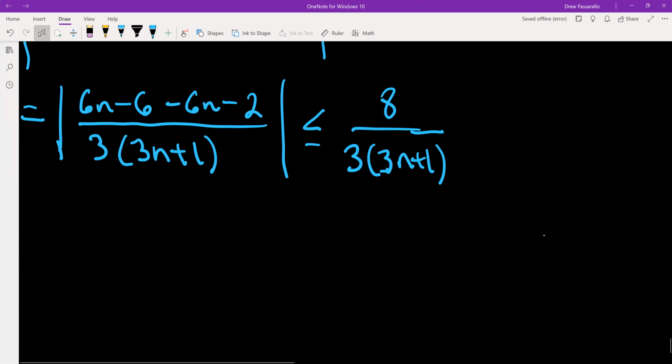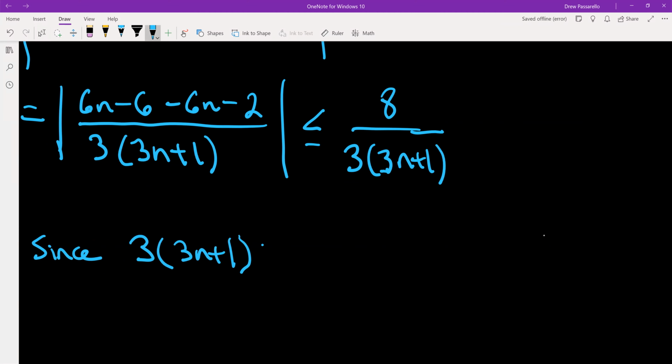Okay, so since 3 times (3n plus 1) is bigger than just 3n plus 1, because it's a natural number, multiplying 3n plus 1 by 3 is going to be bigger than that 3n plus 1.